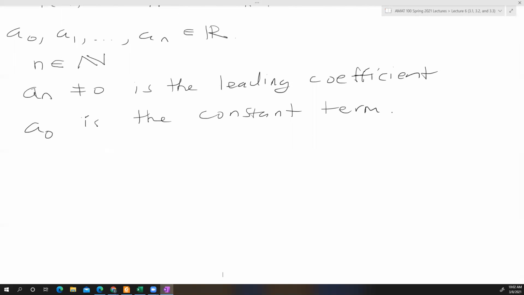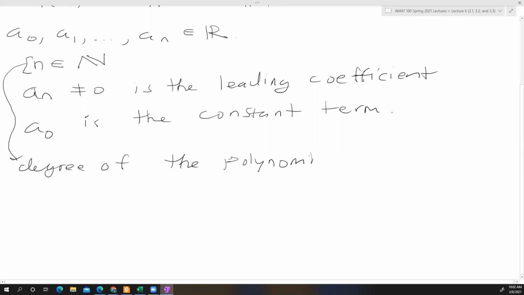So also I should say, this number n right here is called the degree of the polynomial. It's an n-degree polynomial. That is, p of x is an n-degree polynomial.